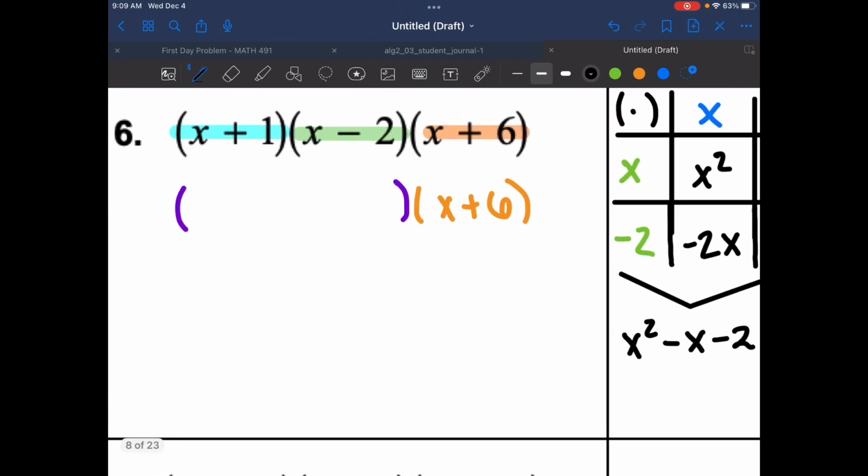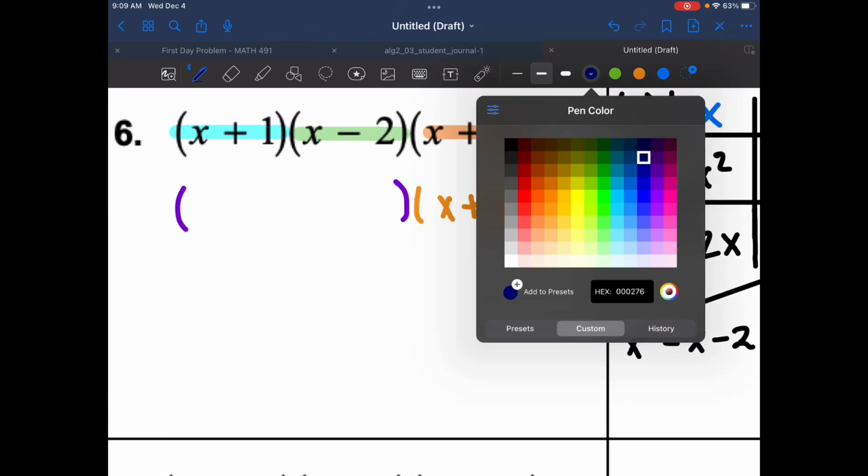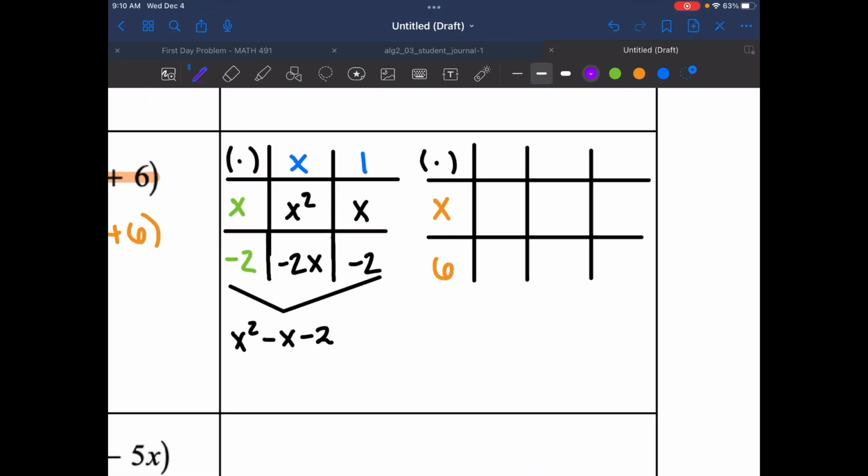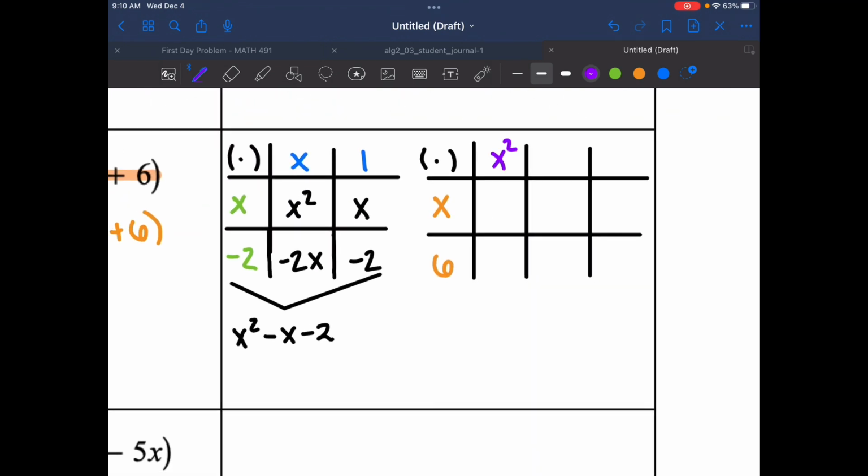So that's going to go in purple right here. So let me get my purple going. x squared minus x minus 2. And that's going to go in here. So this is going to be x squared minus x minus 2.